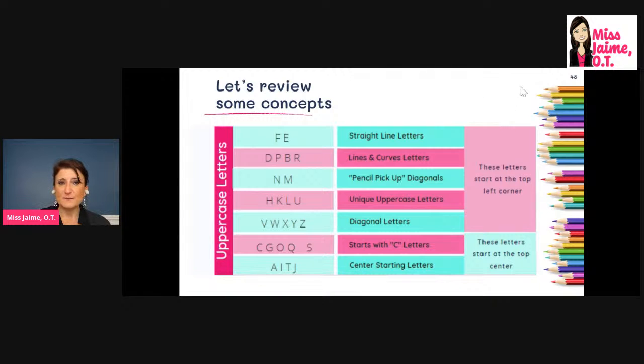So we're going to review some concepts. For uppercase, we have our straight line letters, which are F and E. We have our line and curved letters, D, P, B, and R, our pencil pickup diagonals. Then we have our unique uppercase. They're not really like anything else. Now, you don't have to teach these letters in this exact order.